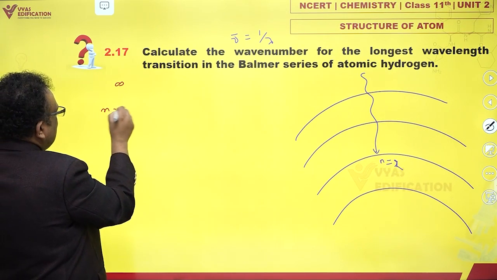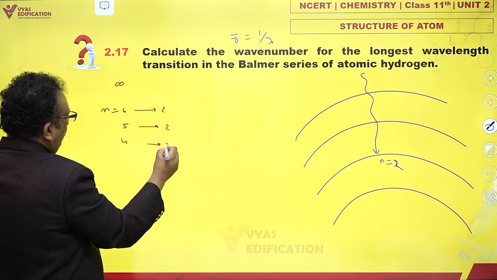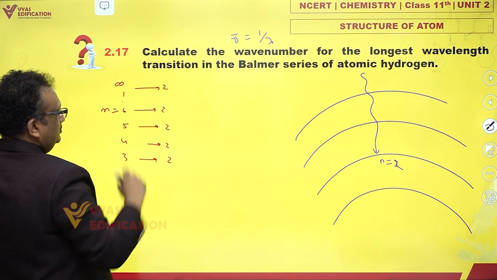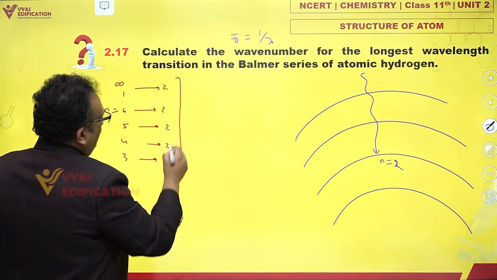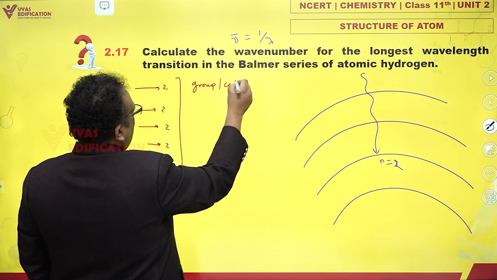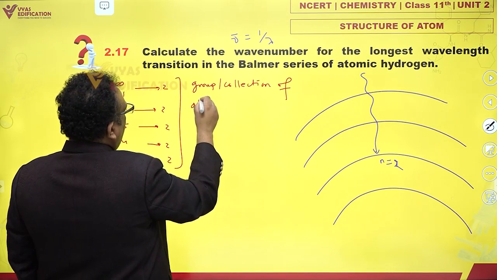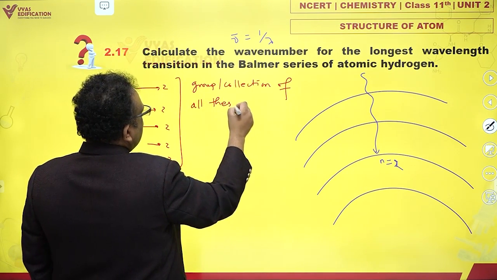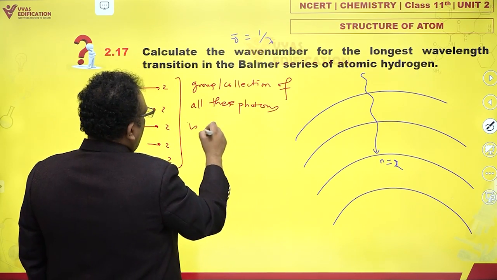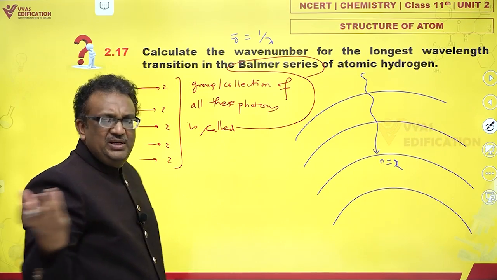From n is equal to 6, if you jump to 2, from 5 you jump to 2, 4 to 2, 3 to 2, anywhere to 2, the group or collection of all these photons is called Balmer series.